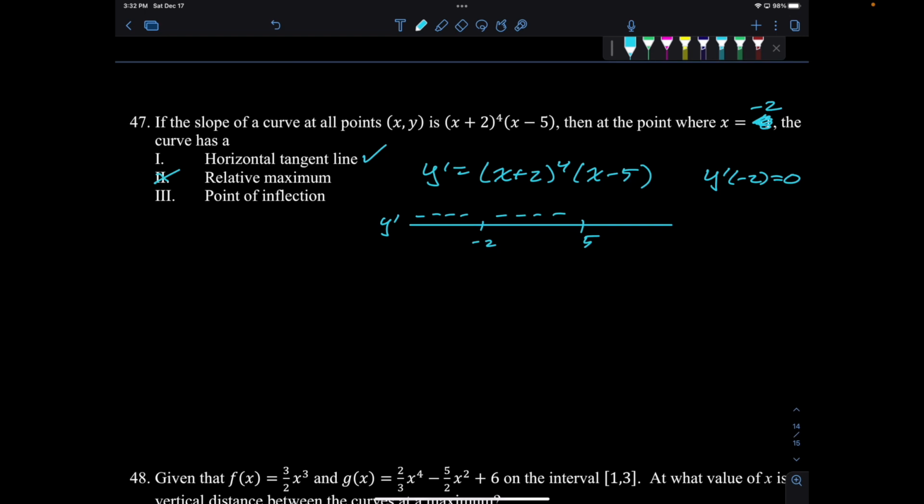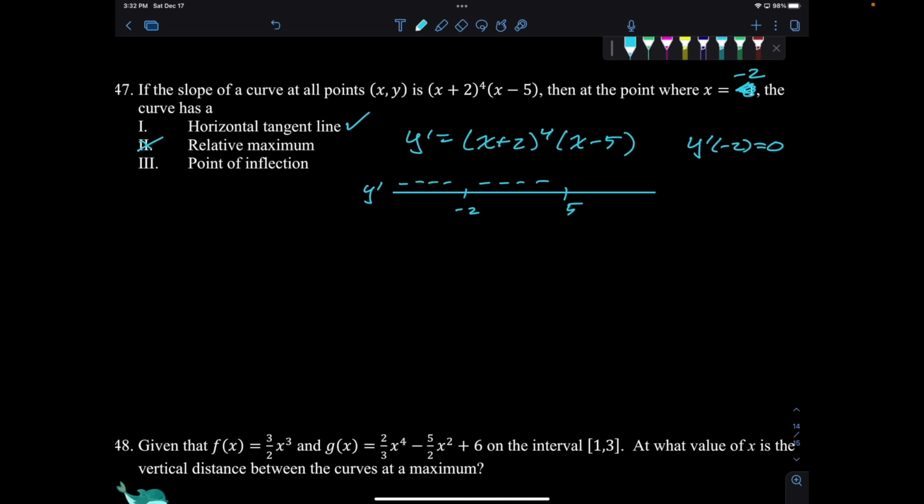Point of inflection. I think there will be a point of inflection. We've got to find the second derivative to know that though. Y double prime: first derivative of the second plus second derivative of the first is 4x plus 2 cubed. Okay, and we can factor that.